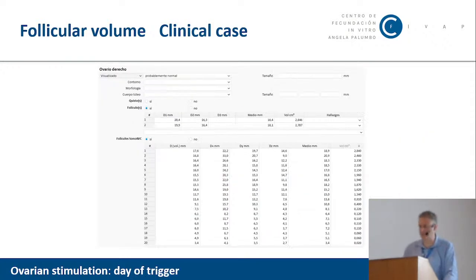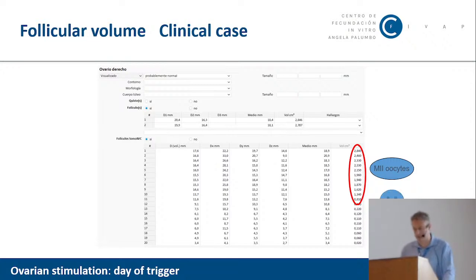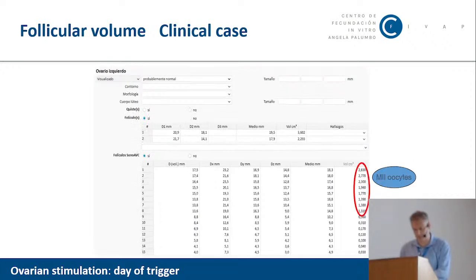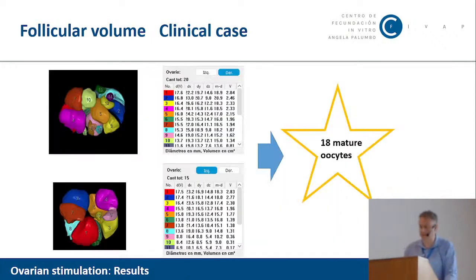We decided to give one more day of stimulation, and we see that in theory we have increased the number of mature oocytes, and the remaining follicle, with this volume, is not likely to be a mature oocyte. The other ovary, and as a result of the pickup, we have the number of mature oocytes that we had predicted.